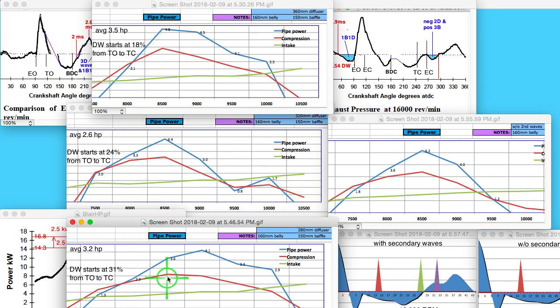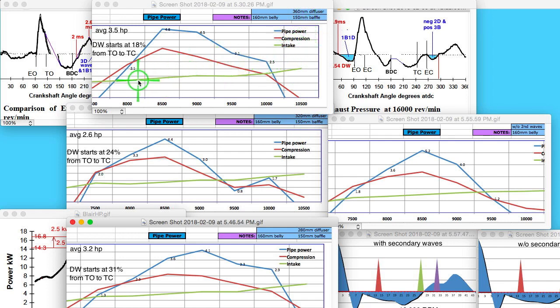These three graphs right here are the same setup, and this one is on the notes out here. You can see this one is a 280 millimeter diffuser, this one is 320 millimeter, and this is 360 millimeter with the header adjusted to suit.